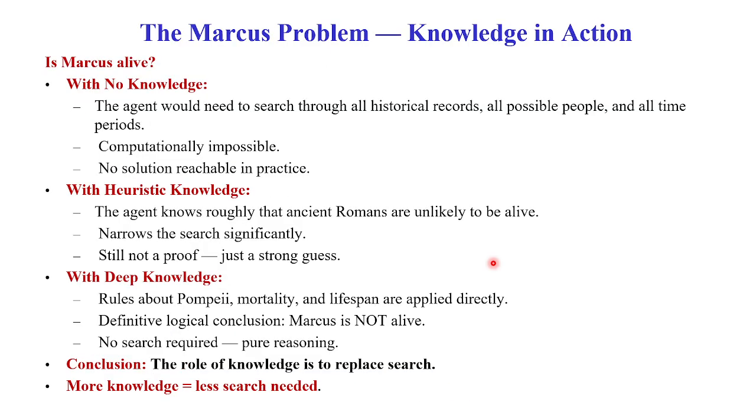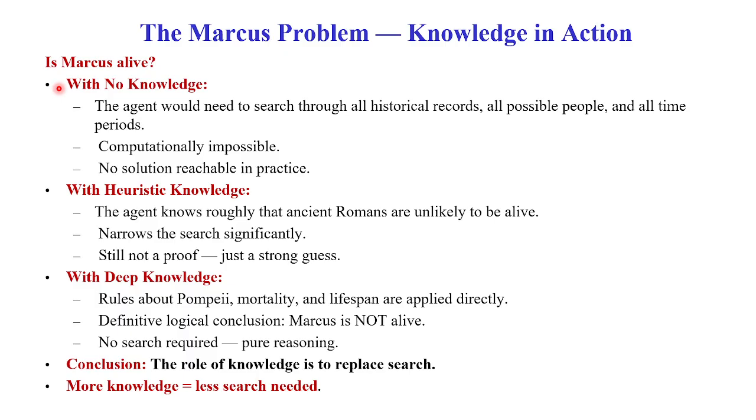Next, we'll take this Marcus problem. We'll see how the knowledge plays its role. We'll take the Marcus problem and see how it is working with all these three. Now, the agent must answer the question, is Marcus alive?